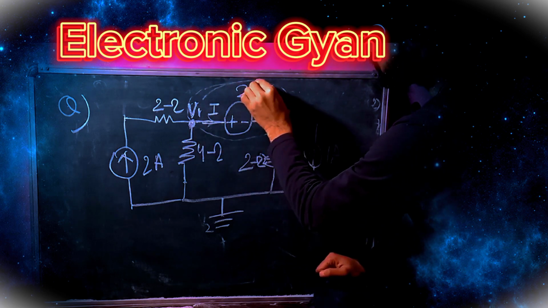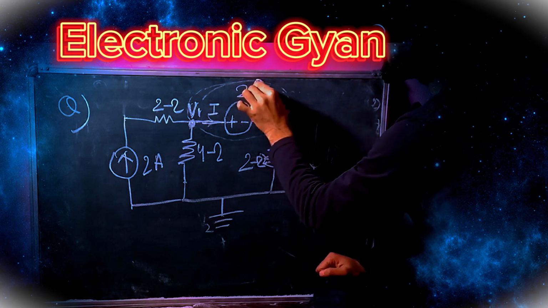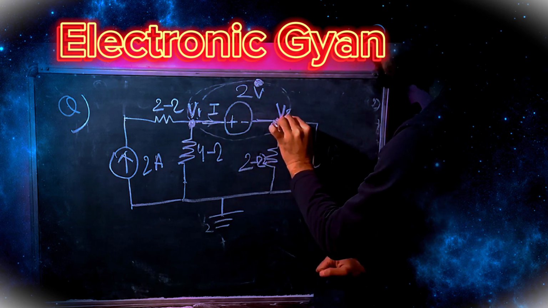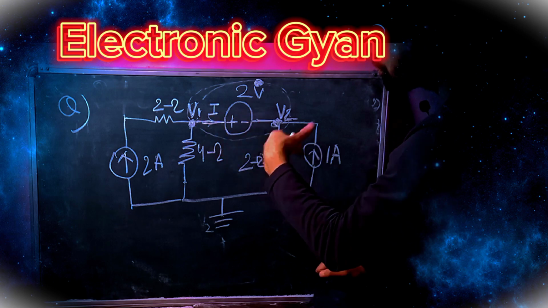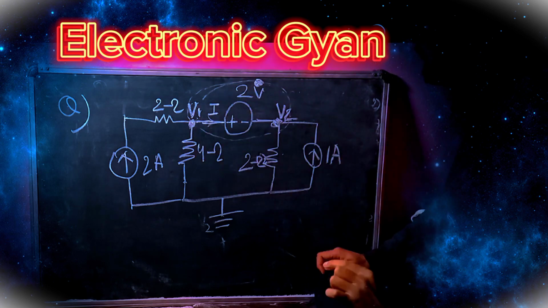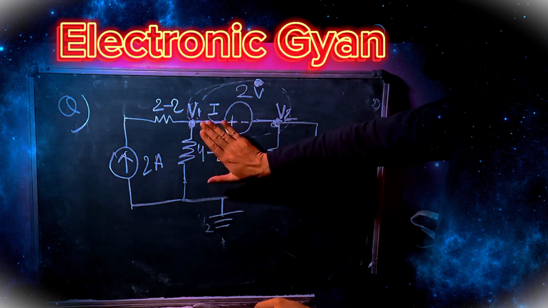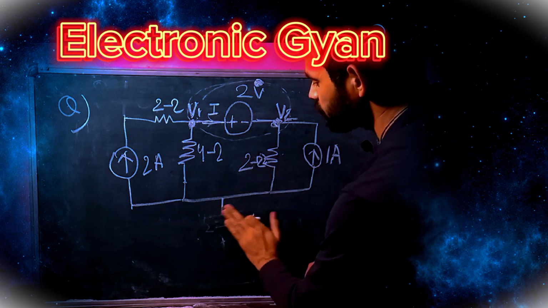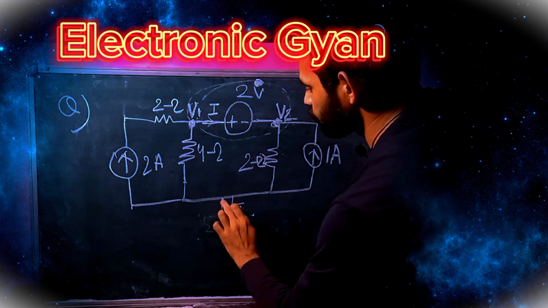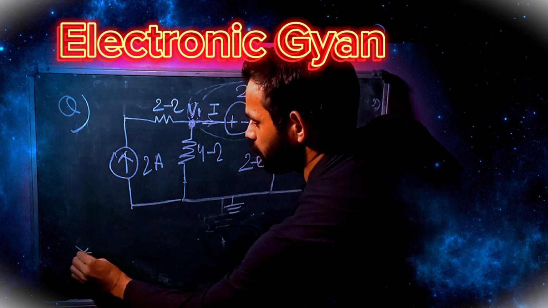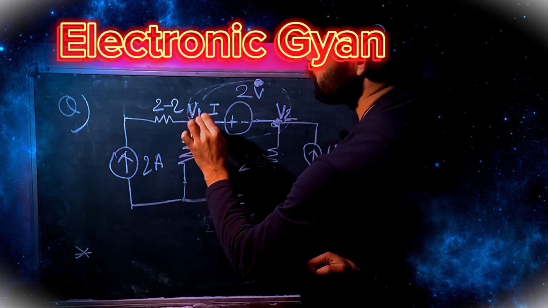Here there is no voltage source between these terminals, so the V1 and V2 voltages both act simultaneously. So first we apply KCL here.